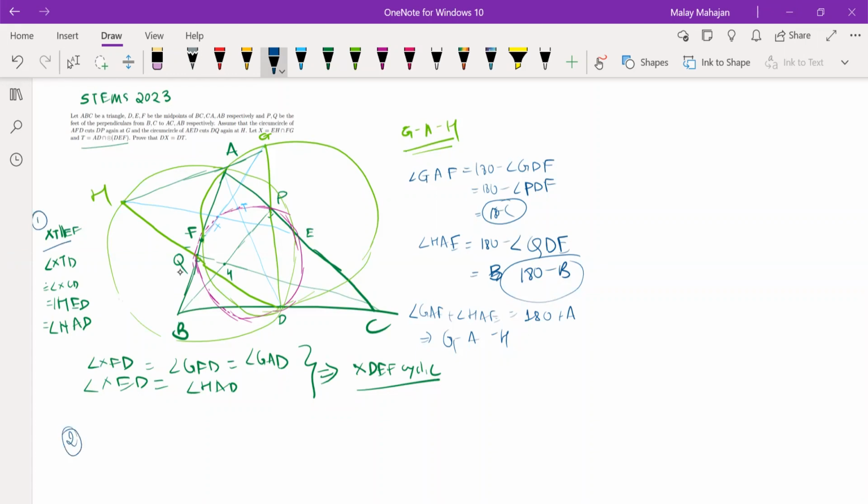And probably another second approach is DX equals DT. The basic approach is proving angle DXT is equal to angle DTX. We can do that. We have so many points on the circle.